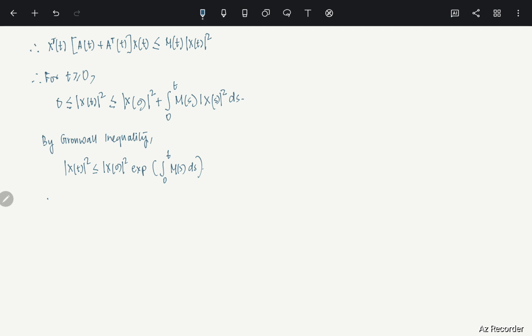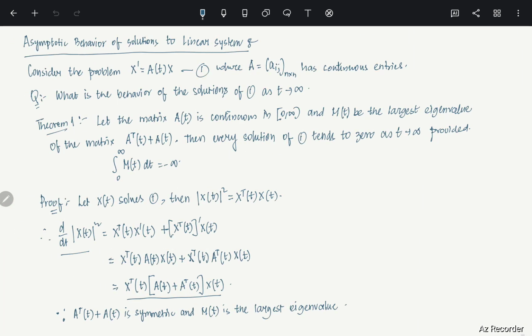The result concludes by the given condition. So see here, you don't have to go from 0 to infinity. It can be from some t naught to infinity, for large enough t naught.